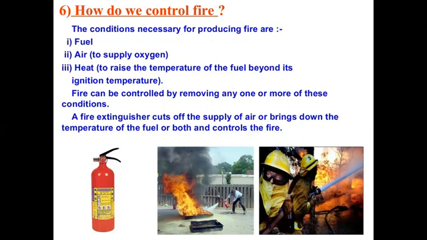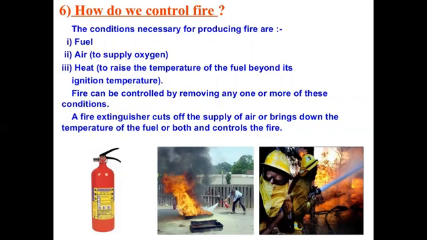In the last class we also discussed the conditions required for fire. These are the conditions for any type of combustion to take place. First is fuel. Second is air, that is, the supply of oxygen from the air. Third is heat.